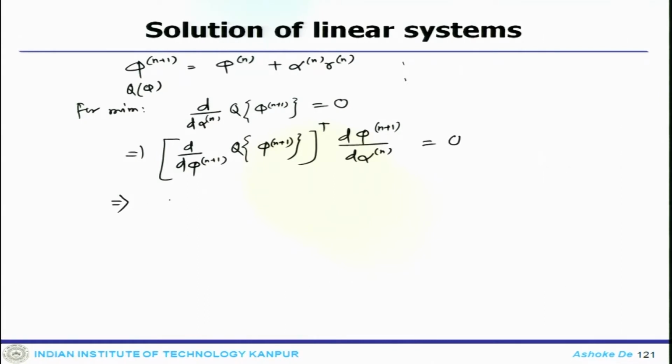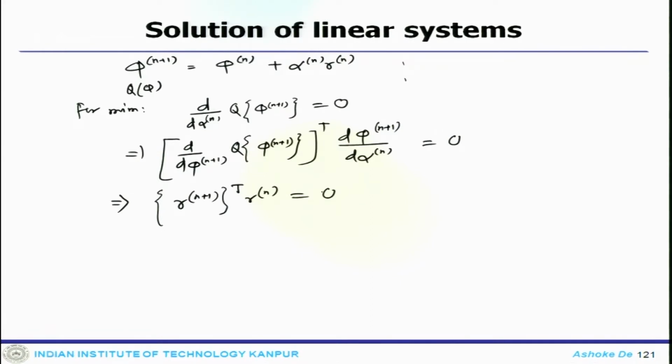That gets you R n plus 1 transpose R n equals 0. That indicates that the new step should be in the direction normal to the old step.